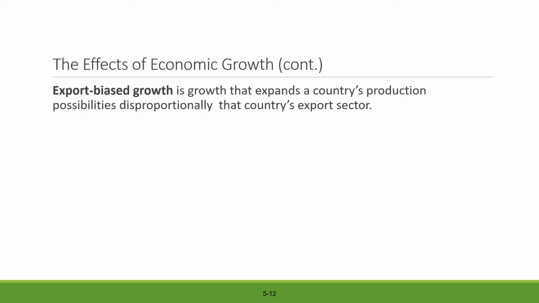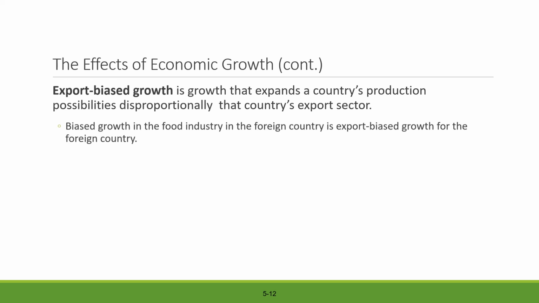Export-biased growth is growth that expands the country's production possibilities disproportionately in the country's export sector. So if we are exporting cloth and an increase in cloth occurs, we say that this is export-biased growth. But if we are exporters of cloth and an increase in food occurs, then that is import-biased growth.